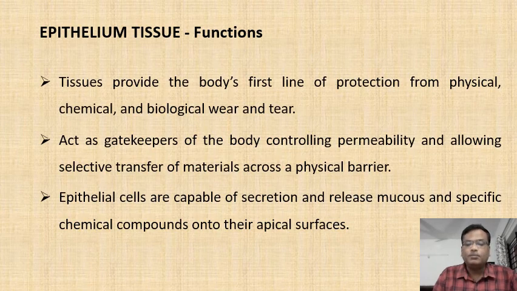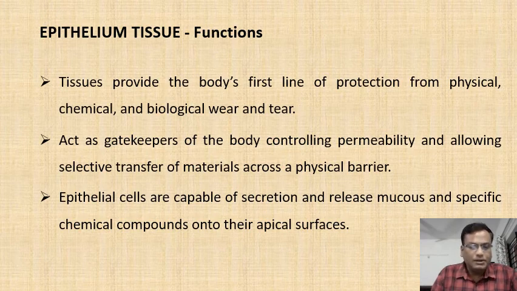Because it forms a layer on the whole body in the form of skin, or in the form of layers on the important organs like kidney, liver, pancreas, heart, etc. All of them have a covering. Okay, so they are protected from outer environmental influences or chemicals or materials by these epithelial tissues.